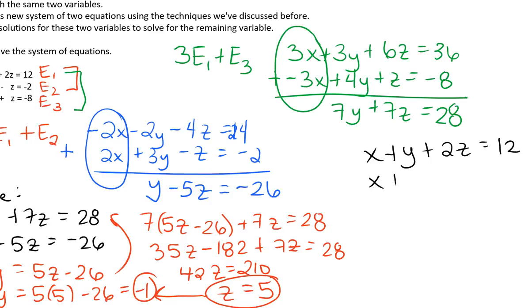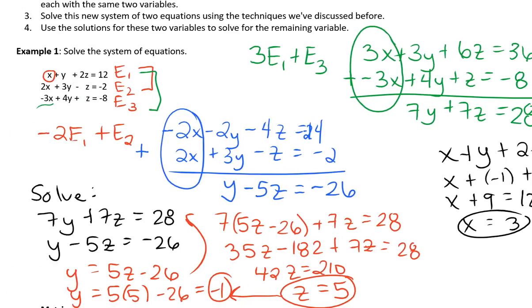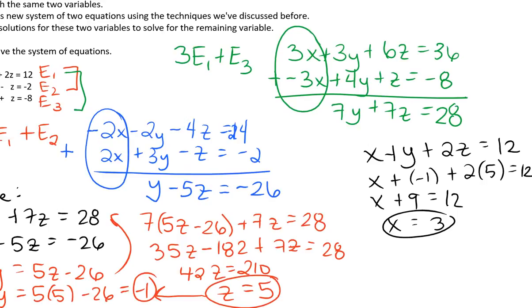So we have x plus negative 1 plus 2 times 5 equals 12. So we have x plus 9 equals 12, and so x is equal to 3. So our final solution then is the xyz point 3, negative 1, 5 as a coordinate.